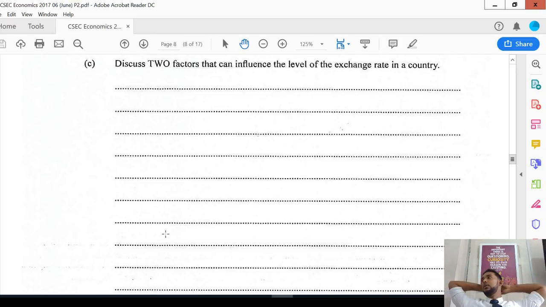So domestic prices versus foreign prices. Let's explain, what is that, or discuss? If you want to buy something and the foreign price is cheaper than the domestic price, you're going to import it. Correct.